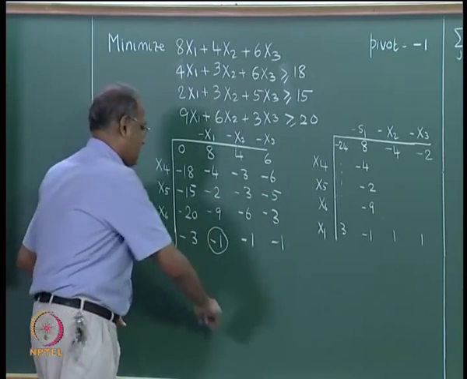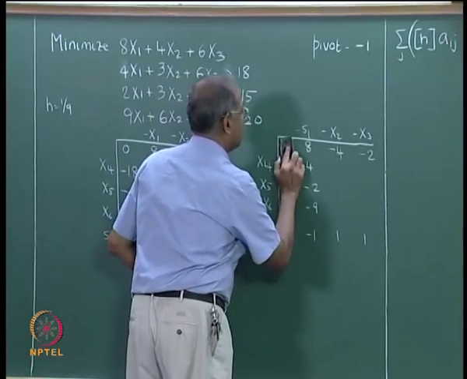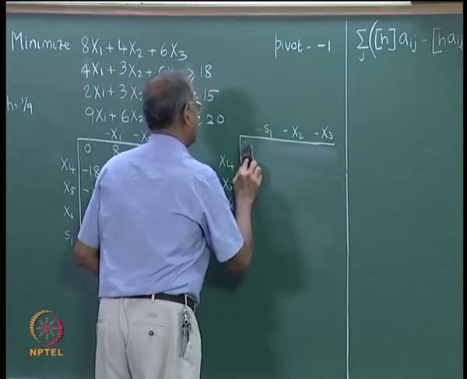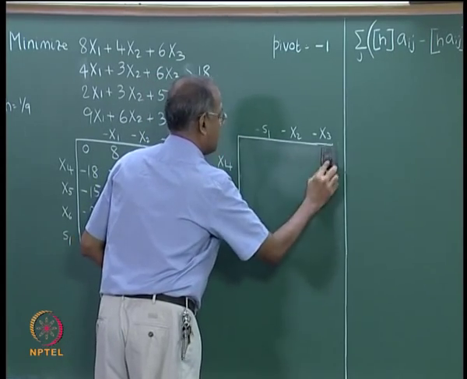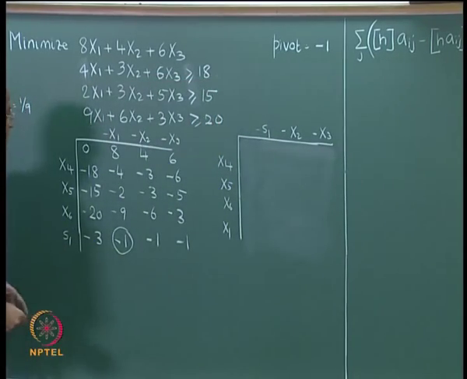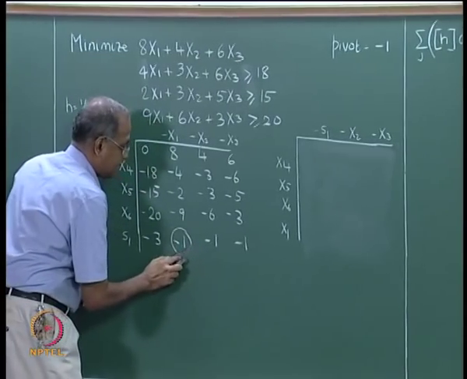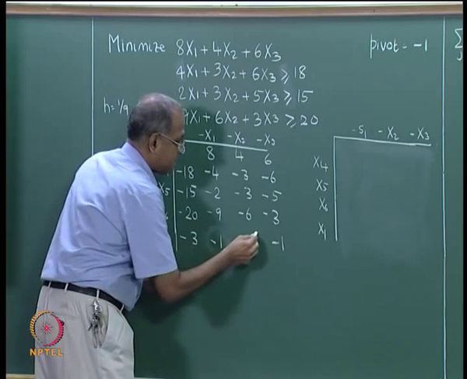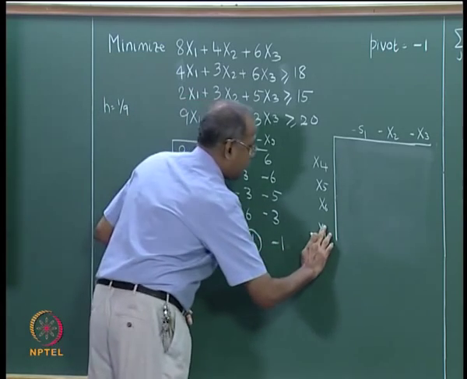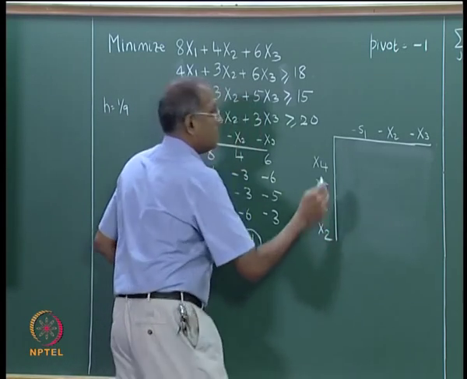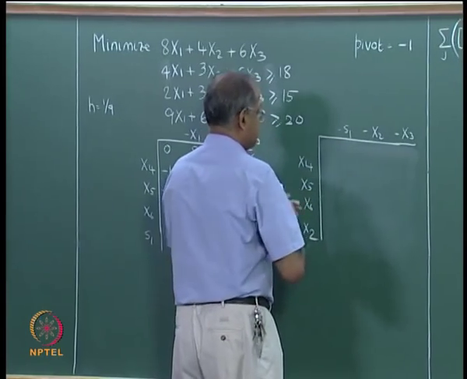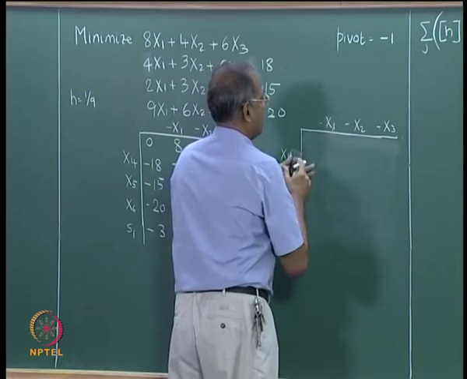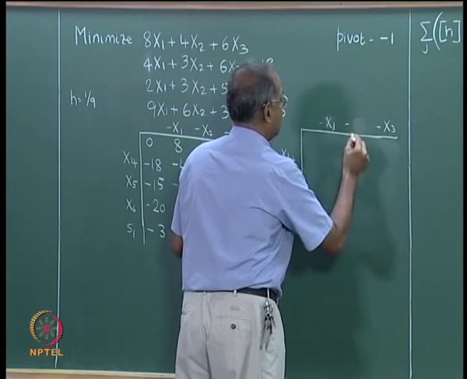Let me just show that also. Let us try and pivot on this. So, this becomes the pivot. x2 enters the solution. x1 remains here. And S1 comes here.